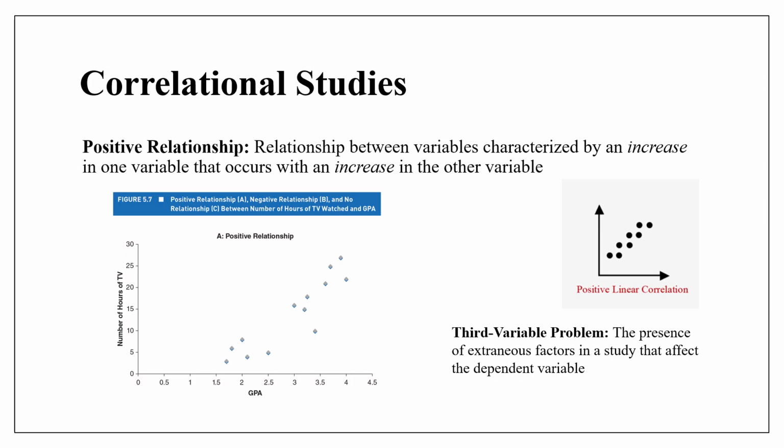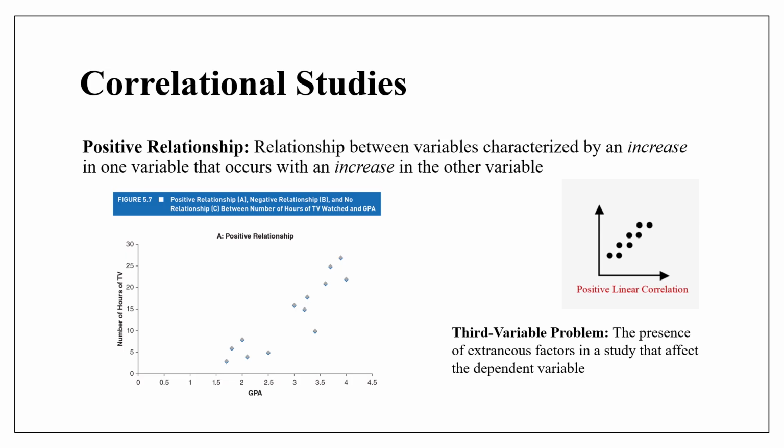Now, this might be counterintuitive, and one of the reasons why this might be the case is because of what we call the third variable problem. And again, this is one of the limitations for correlational studies, because we're not exerting as much control over the behaviors that we're interested in. We don't really know what else might be happening that could be creating this pattern between the two variables that we're interested in.